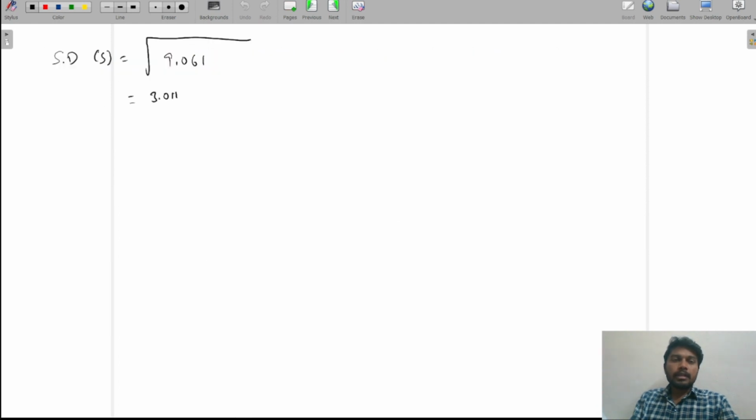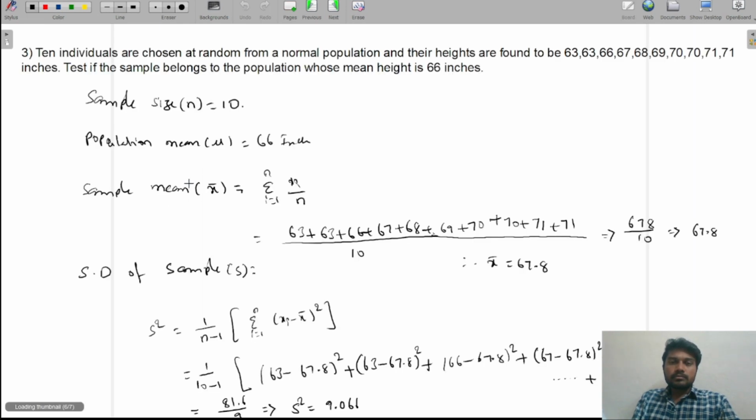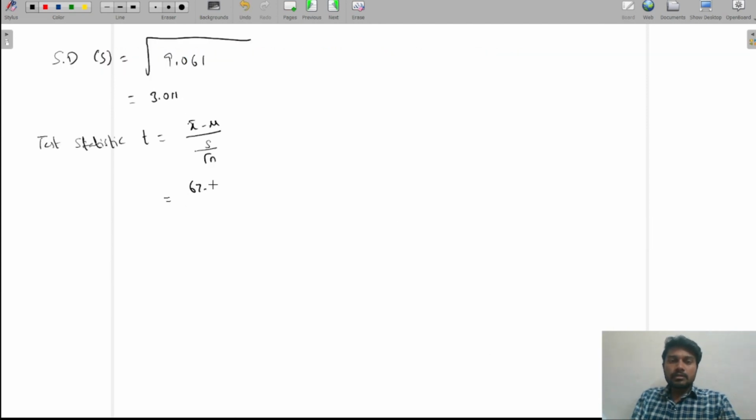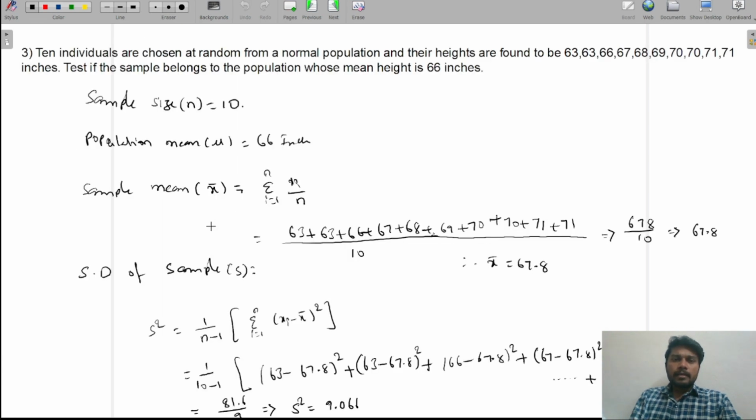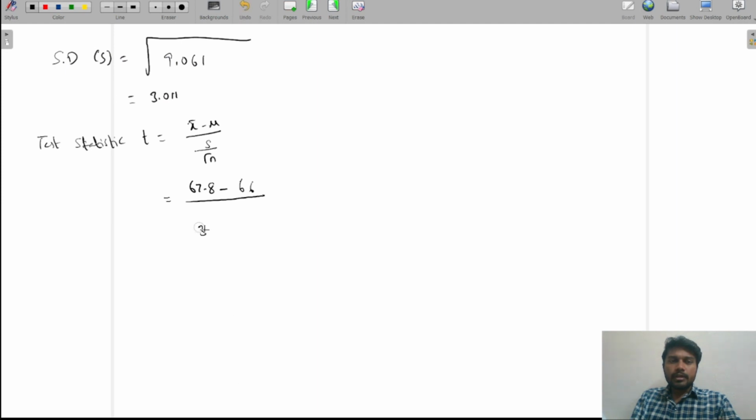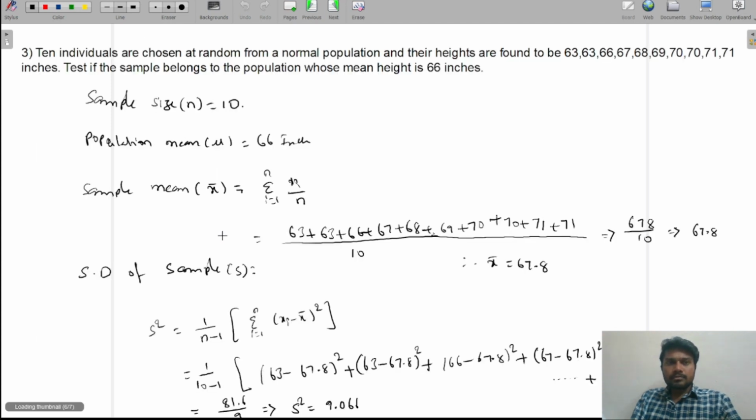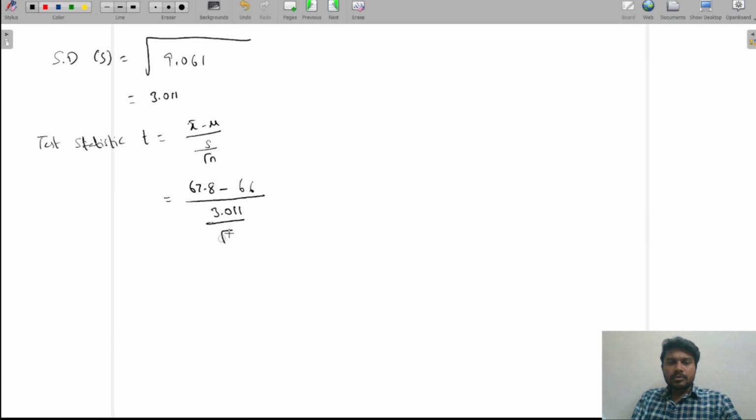So I take the formula for the test statistic: t equal to x bar minus mu, divided by s by root n. The x bar value is 67.8, minus the population mean 66, divided by the standard deviation 3.011 by root 10.